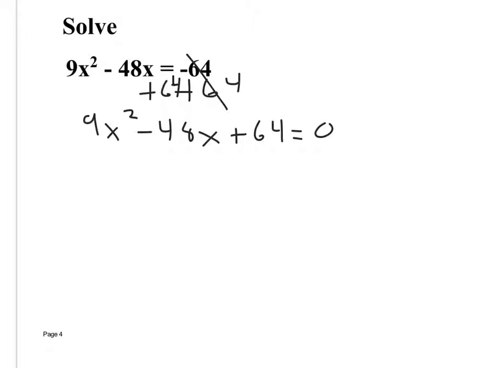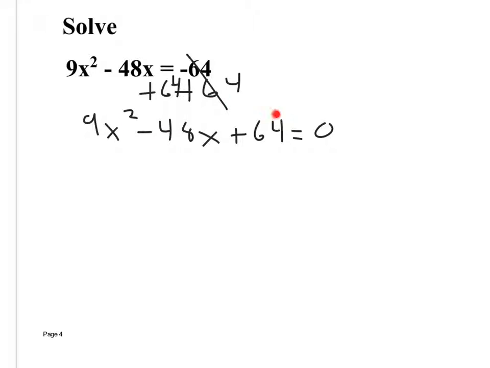Just by looking at this, 9x squared minus 48x plus 64, it looks to be a perfect square trinomial. Hey, if you can't just recognize it right off the bat, don't worry about it. I just solve the regular way. But just looking at it, this is a square, that's a square, and this looks like it would be 2 times this times the square root of this. 2 times 3 times 8: 3 times 8 is 24, and 24 times 2 is 48.